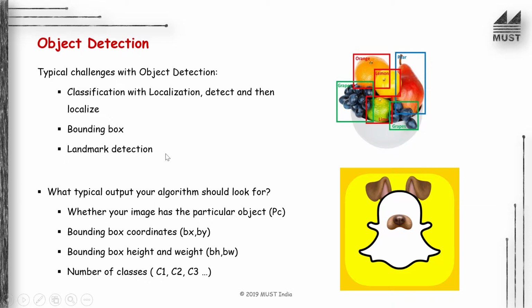It typically does landmark detection. In landmark detection, you try to find multiple points or coordinates that help you detect the exact location of your nose, and on top of that location it puts the filter. So in such filters, landmark detection is very popular and important to apply.